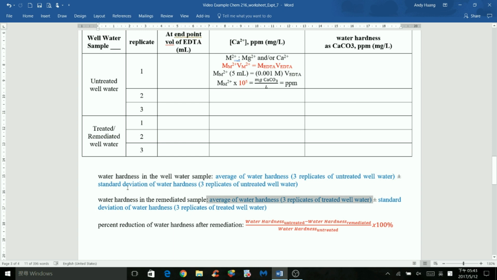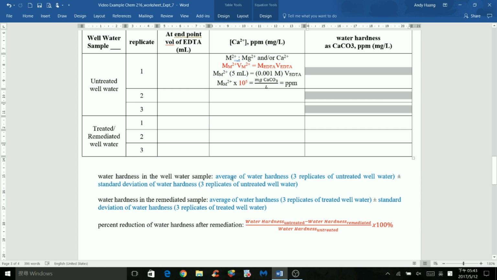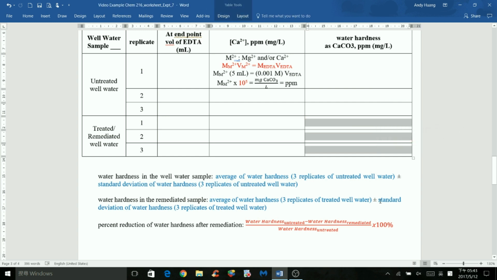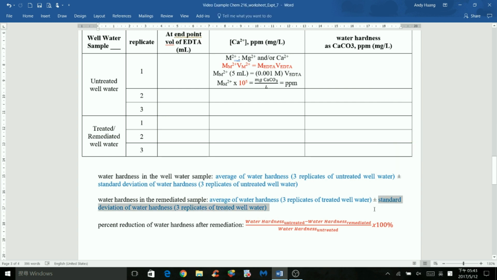After the plus and minus sign, simply find the standard deviation of water hardness of each. So take those 3 values and find the standard deviation here, and take those 3 values and find the standard deviation, and you can record it after this plus and minus sign here. So you can either use an online calculator for standard deviation.